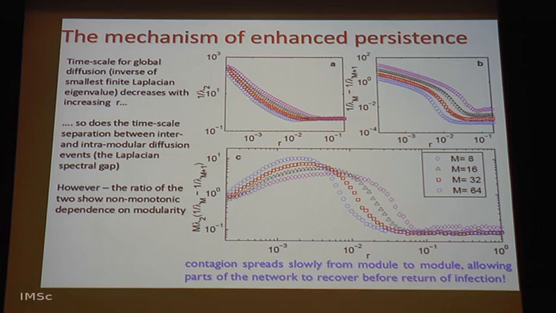So that's why its persistence is going on. So in the modular network, this is an optimization between two time scales. The contagion spreads slowly from module to module, allowing the parts of the network to recover before the return of the infection. Again the infection returns, it's ready to infect. The recovered persons lost the immunity, so they become again susceptible.